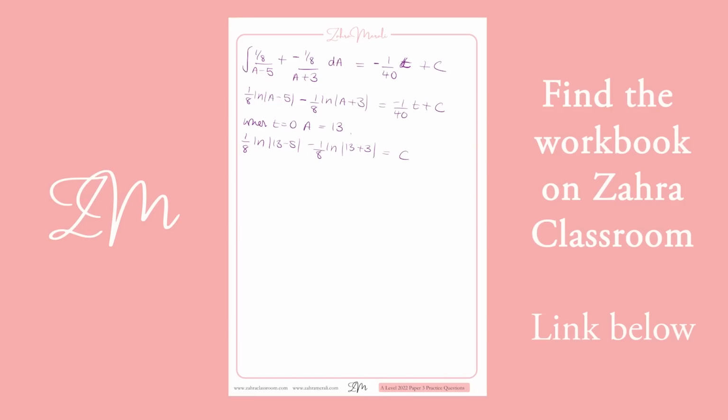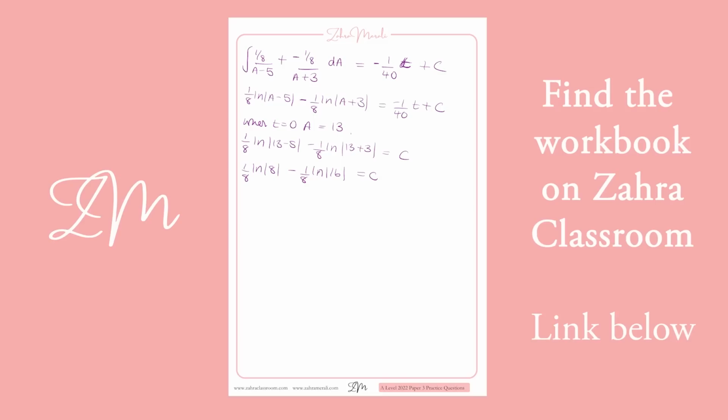So my c is going to come out as 1/8 ln 8 minus 1/8 ln 16 equals c.